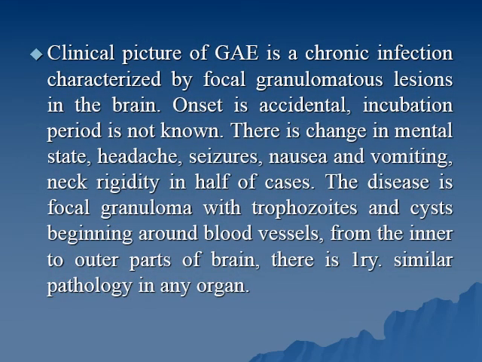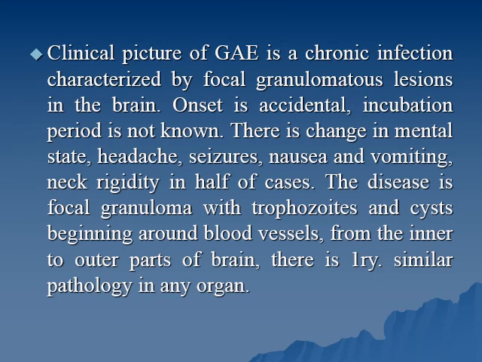Clinical picture of granulomatous amoebic encephalitis is a chronic infection characterized by focal granulomatous lesion in the brain. The onset is accidental. Incubation period is not known. There is change in mental state, headache, seizures, nausea and vomiting, neck rigidity in half of cases, but not all the cases.